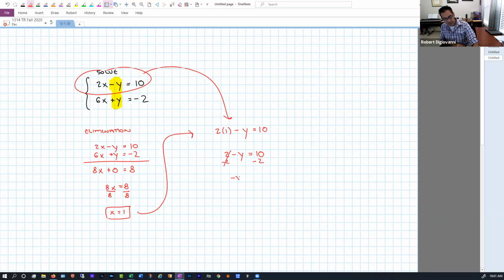That leaves you with negative y equals 8, because 10 minus 2 is 8. And now we have to divide both sides by negative 1 to get rid of the negative in front of the y. So y is negative 8. So as a point, it should be the point 1, negative 8.